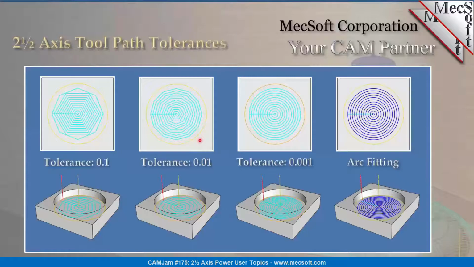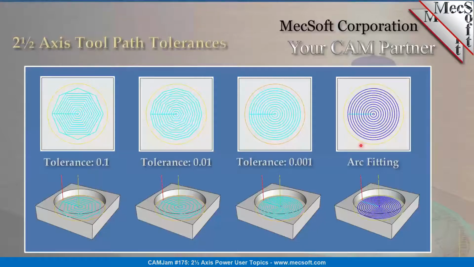Now these affect more when you're using toolpaths outputting as linear segments, like when you're working with polylines or splines. When arcs are not being fit to your toolpaths, the tolerance has more effect, as you can see there's more deviation from your part geometry. Now you can fit arcs to your toolpaths.